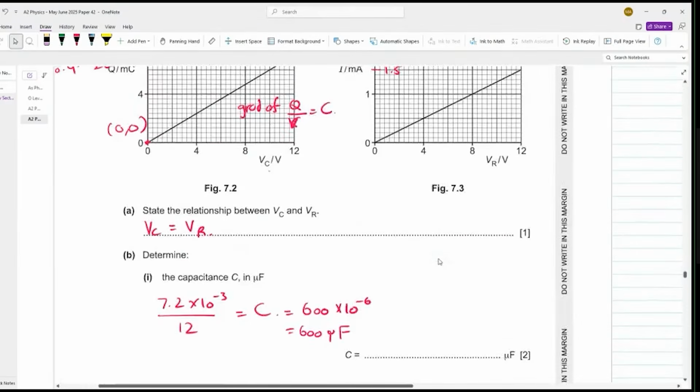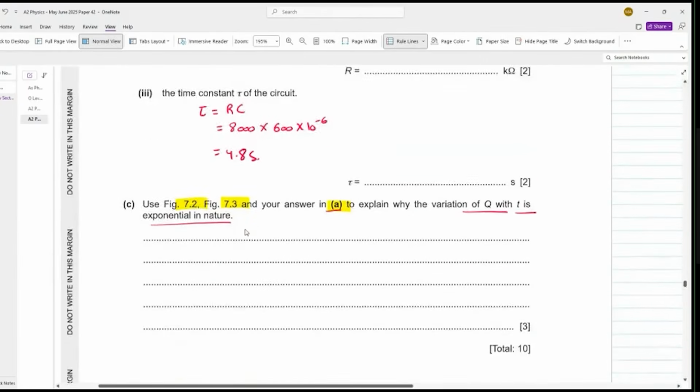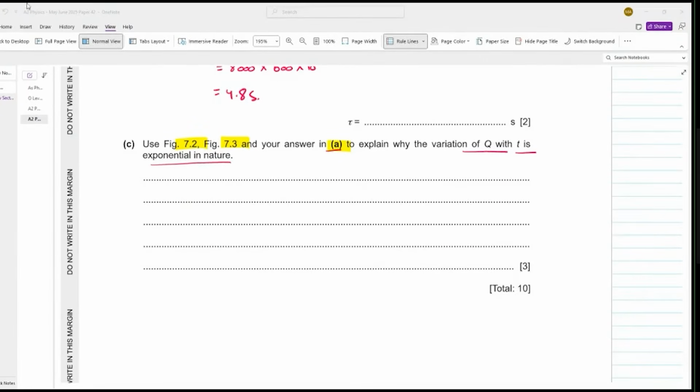Okay. So first of all, can you realize charge is directly proportional to voltage? Current is also directly proportional to voltage. This means what? Charge is directly proportional to current. So first of all, we can write this as our first point.